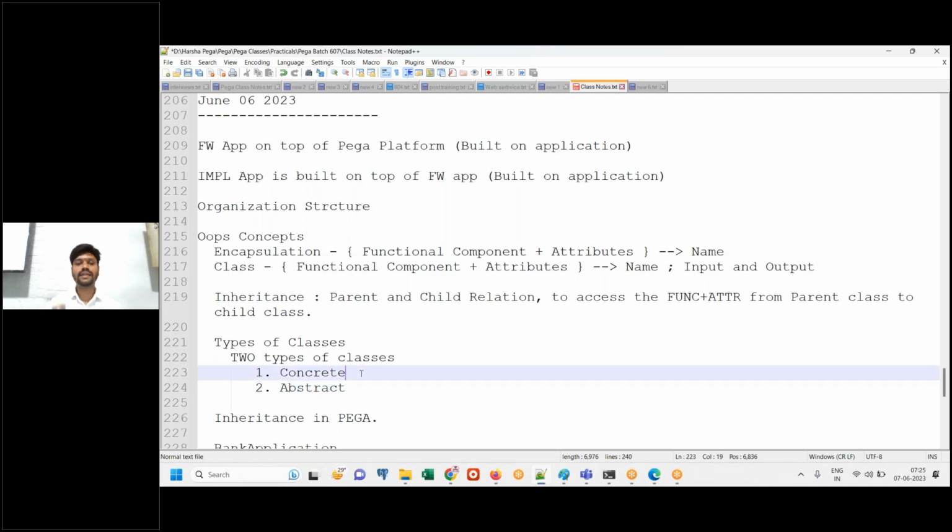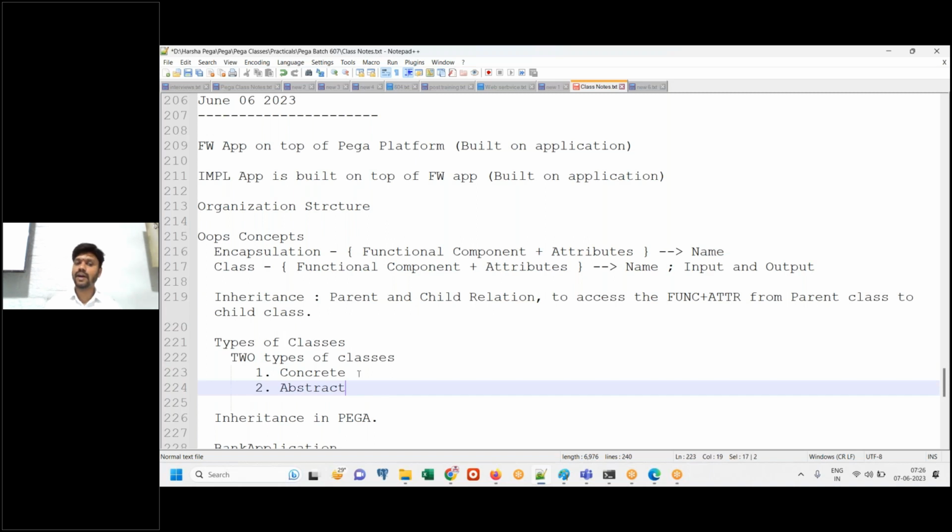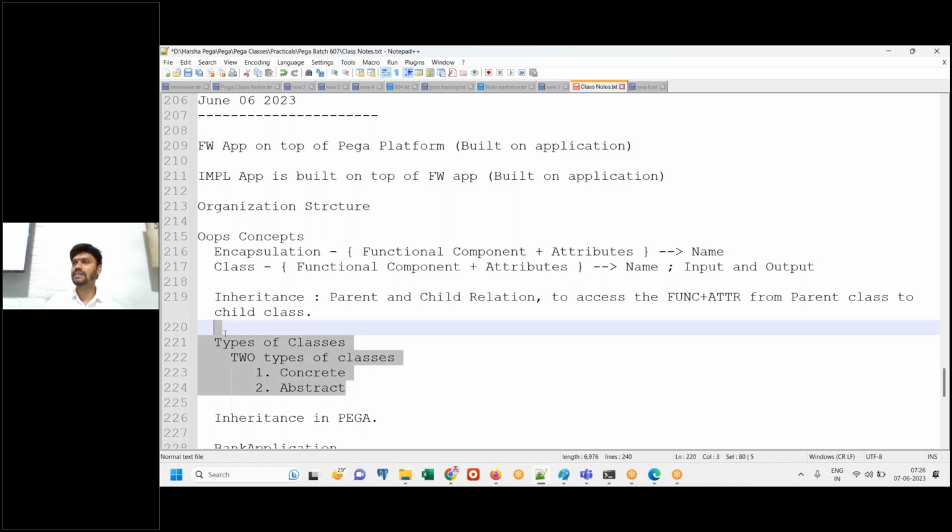Concrete classes, see, at the time of practicals, while we are practicing here in Pega, we will come across all this. We'll come across classes, inheritance concepts, concrete classes, abstract classes. As I already told you, it is easy to understand what is what, but at the time of application, only when you have business knowledge will you be able to understand which one to create.